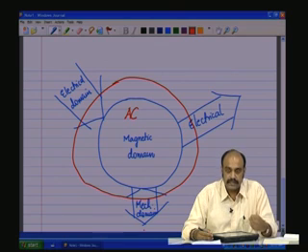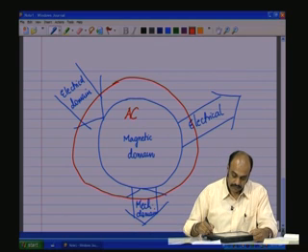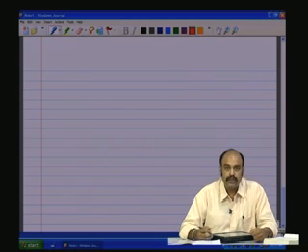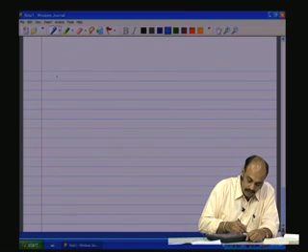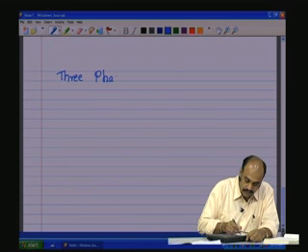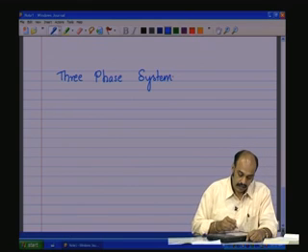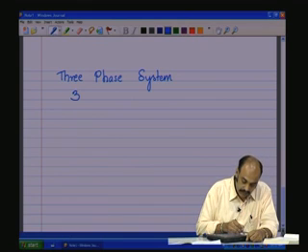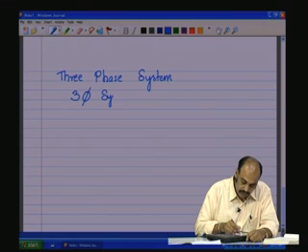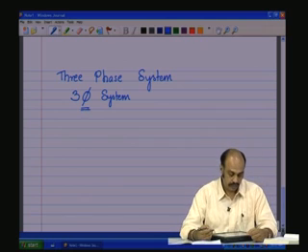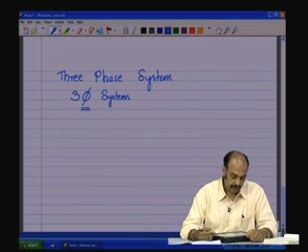The major part of this session is going to deal with 3-phase systems. This is also written as 3-φ for 3-phase system. In the literature you will see that φ is used for the term phase.